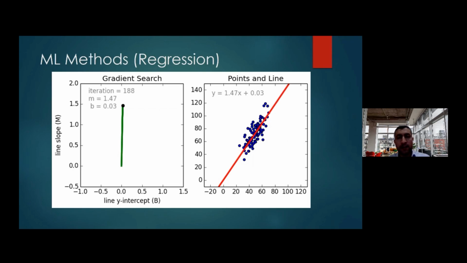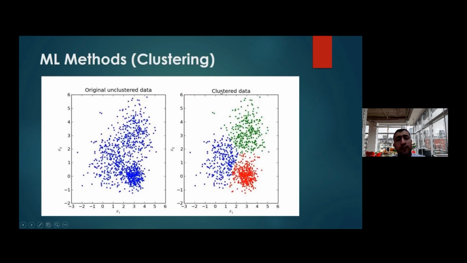So this is the main idea, and here we have the clustering. As you can see on the left side, we have the original unclustered data. It's completely unlabeled data, but on the right side we were able to cluster this data based on the similarity between the different points. Instead of having everything seamless on the left side, we were able to cluster the data into three groups: the green group, the blue group, and the red group. These three groups represent the similarity within each group.